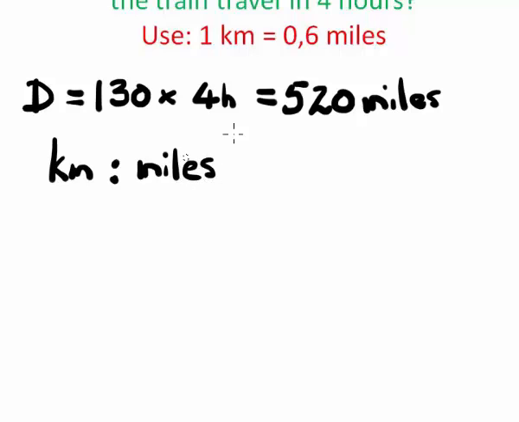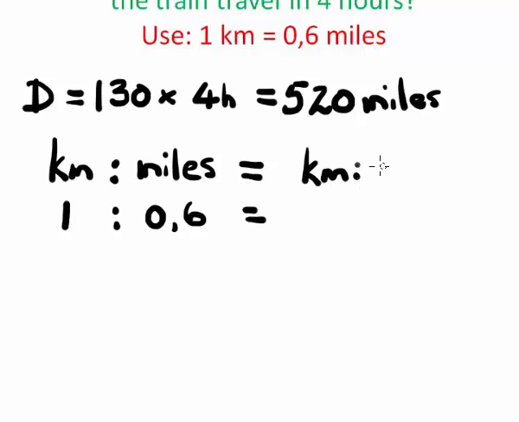So, what do we have? They tell us that 1 kilometer is equal to 0,6 miles. Notice that I'm taking these units and I'm lining them up underneath these. So now we're going to put that equal to. On this side, we're again going to have our kilometers and our miles.